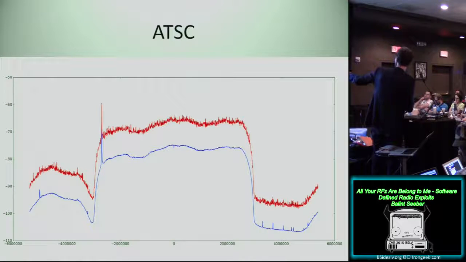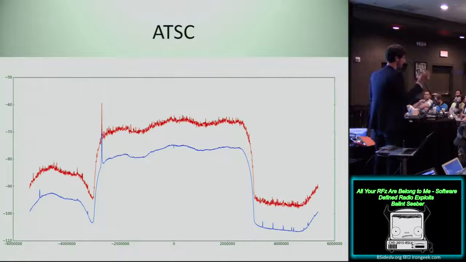You can see that you get this very distinctive shape in the spectrum that indicates that it's digital TV. You can tell because it has this flattish shape here, but then you have the spike, and that's known as the pilot tone. So you can tell if you're looking at digital TV, because on the left-hand side you'll always have this pilot tone. It's just due to the way they do the modulation.